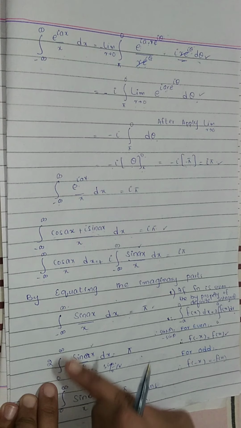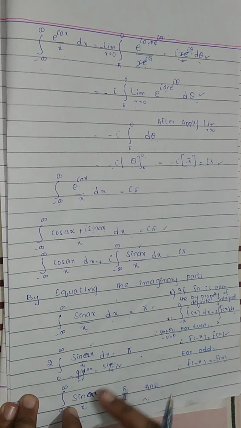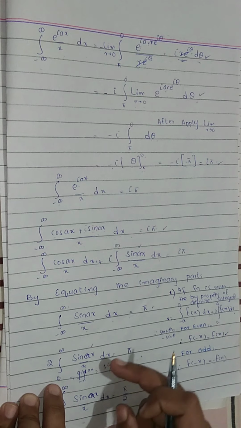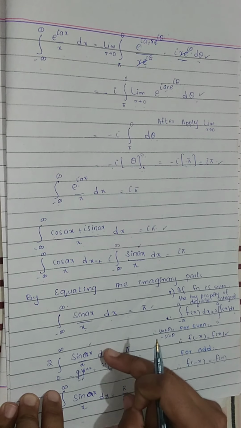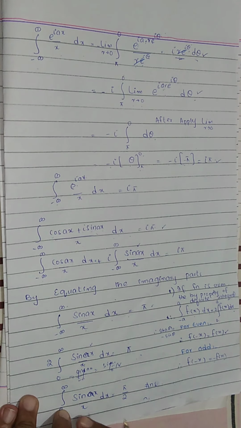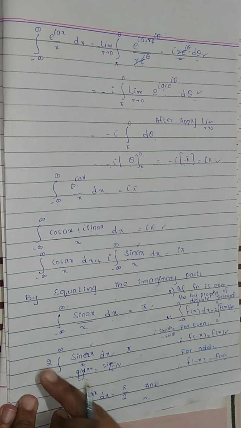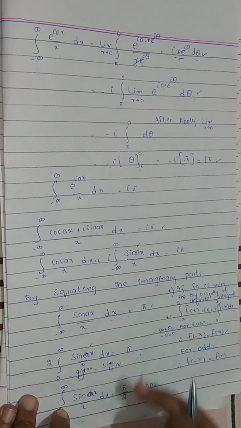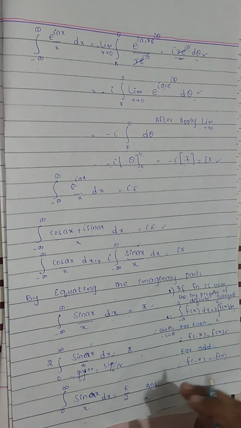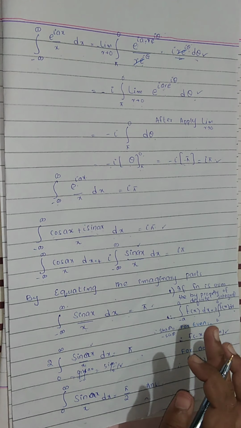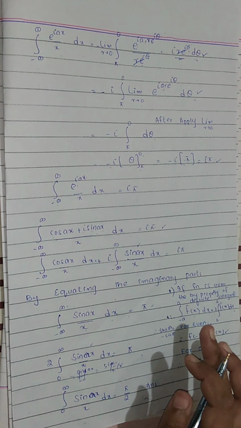So by using the property of the definite integral, the integral from minus infinity to infinity of f(x) is equal to 2 times the integral from 0 to infinity of sin ax/x dx, equal to π. Now we divide the 2 onto the right side, so the answer is π/2. This is our answer.